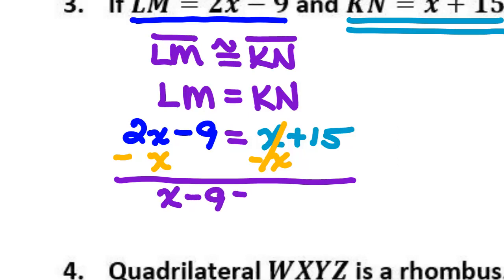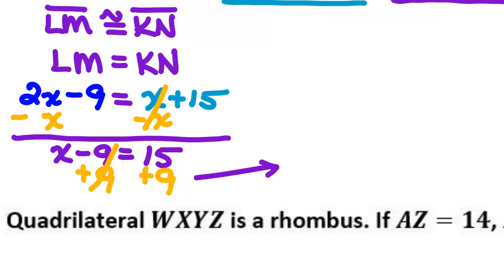So x minus 9 equals 15. And then I would add 9 to both sides. And that means that x is how big?